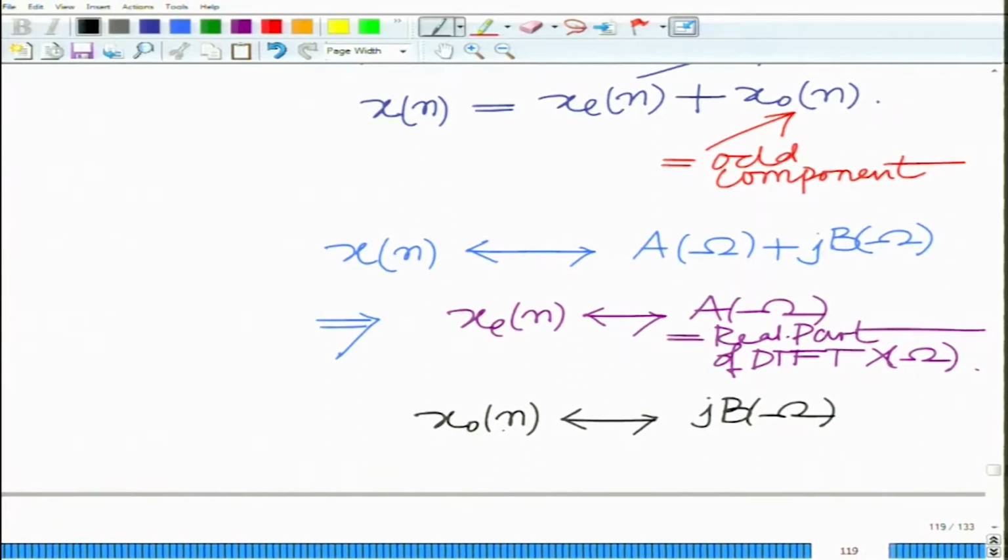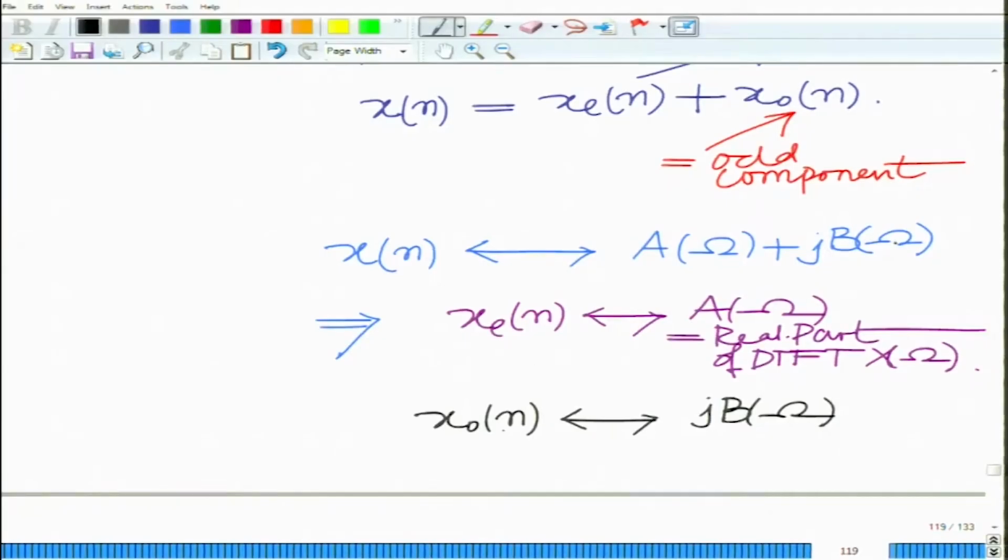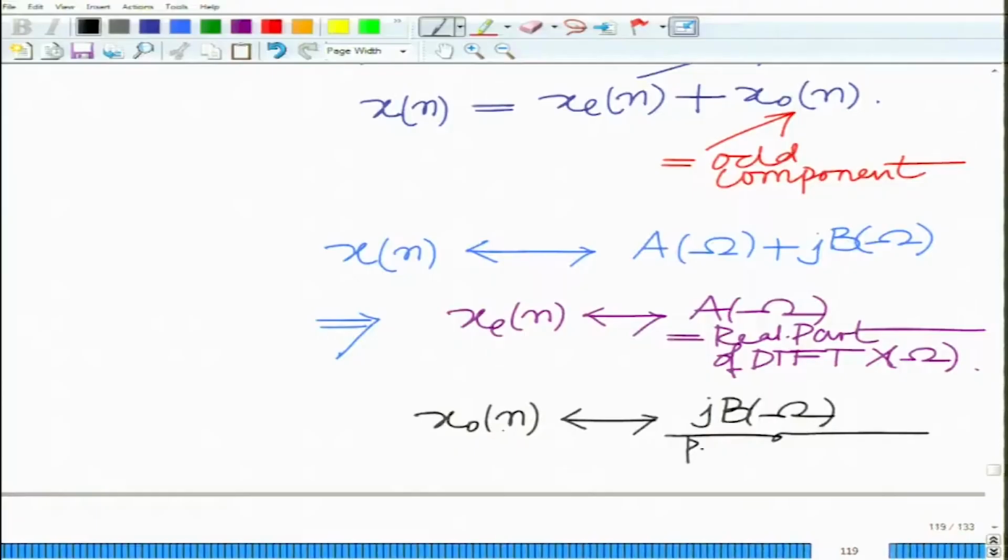So the DTFT of the even part of a real signal is real, and the DTFT of the odd component of this real signal is purely imaginary. You can see that j times B(omega) is purely imaginary.